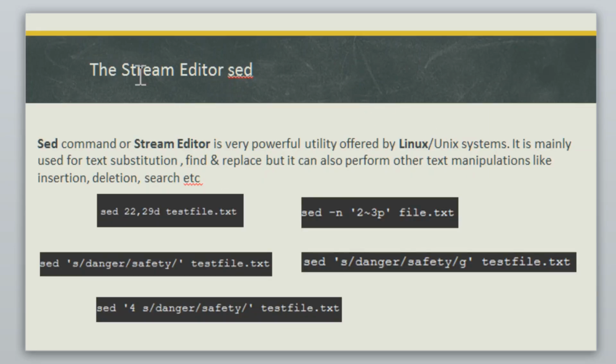So we're going to talk a little bit more about the stream editor, sed. The sed command, or stream editor, is a very powerful utility offered by Linux and Unix systems. It is mainly used for text substitution, find and replace, but it can also perform other text manipulations like insertion, deletion, and search. So we have some examples of that here. We have our find and replace, which we saw a couple of slides ago.